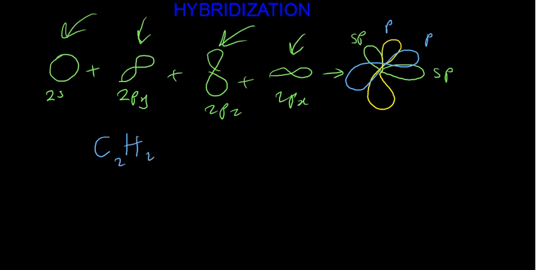Let's see how the reaction occurs. Now C2H2, this compound is like this. We have one hydrogen there and then one hydrogen here. Because this carbon has only reacted with two things, one thing this side, one thing that side, that's why it undergoes only sp. Okay, because it doesn't have many things to react with.